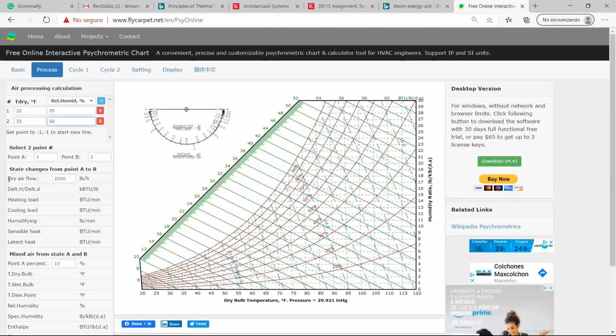Here we have airflow, but the units are pounds per hour. Because our airflow was in cubic feet per minute, but now we have to use pounds per hour. Well, that's the beauty of units. We are talking about the same magnitudes, but with different units.